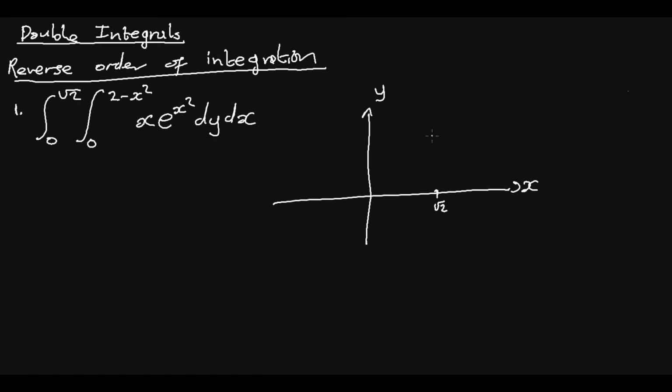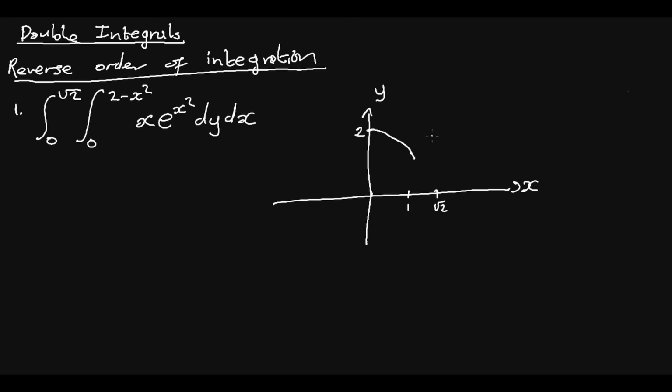And then the inner limits are the values of y, and y is from 0 up to some function. So what is the graph of this function? When x is equal to 0, y is 2. When x is 1, y is also 1, so it's dropping, coming like this.